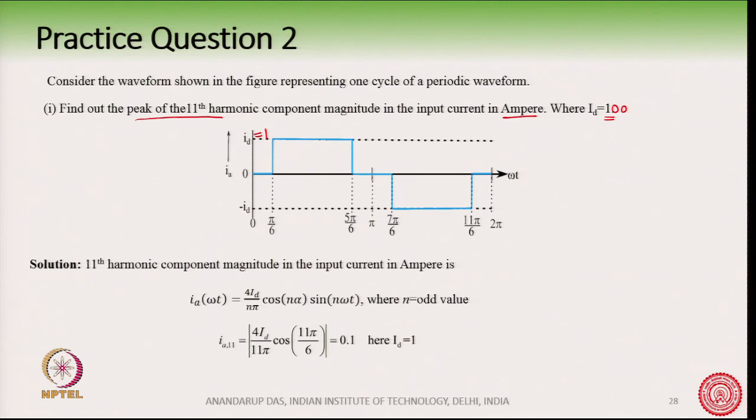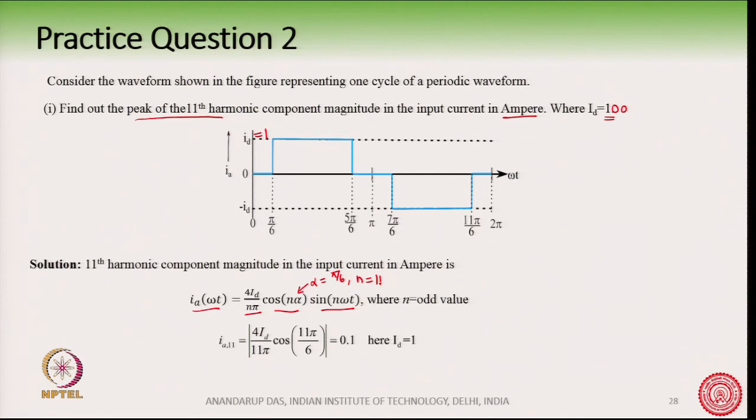So, what is the 11th harmonic component? We had seen that the nth harmonic component is 4 Id by n pi cos n alpha sin n omega t. We have derived it in the class, where alpha is equal to pi by 6, and n is equal to 11.